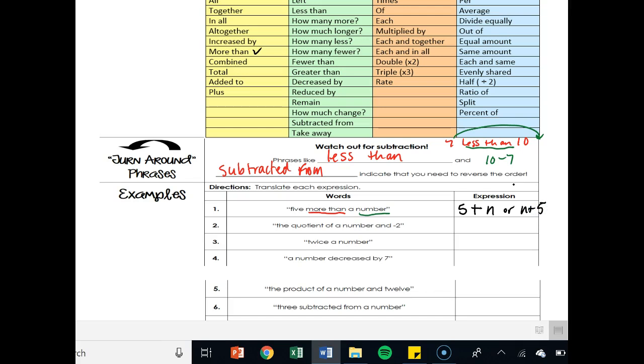Number 2, it says the quotient of a number and -2. There's our operator word. A number, that's going to be our variable, right? And in fact, on this one, I'll put it in green for you just so you recognize what it was, and I'll put the operator in red for you so you recognize what it was, right? Here we go. We've got the quotient.